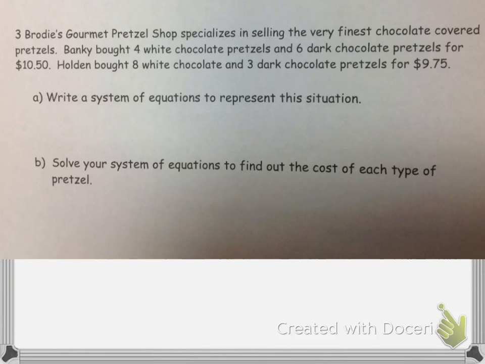All right, on this one, Brody's Gourmet Pretzel Shop specializes in selling chocolates and pretzels. Banky bought 4 white chocolate pretzels and 6 dark chocolate pretzels for $10.50. Holden bought 8 white chocolate and 3 dark chocolate for $9.75. So what we've got is 4 times the white chocolate pretzels plus 6 times dark chocolate equals our total amount of money at $10.50.